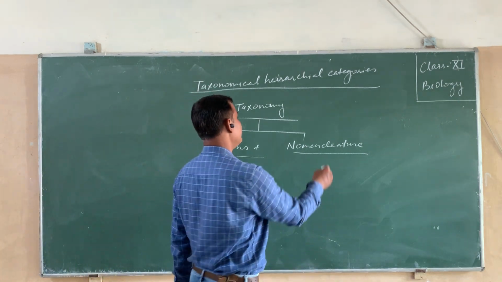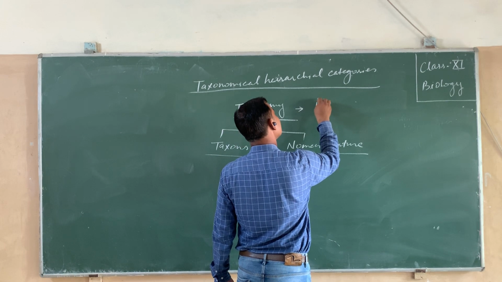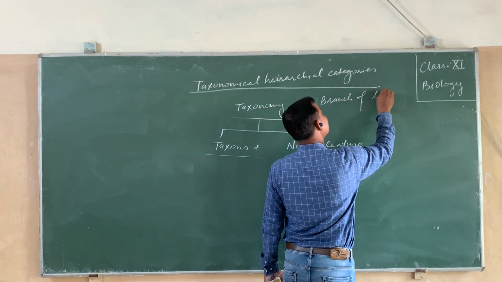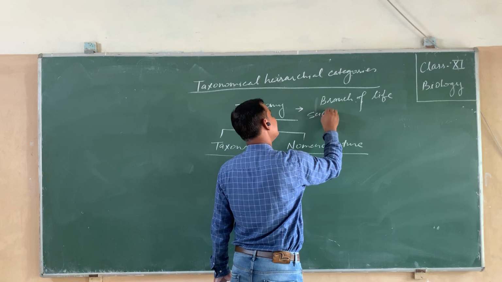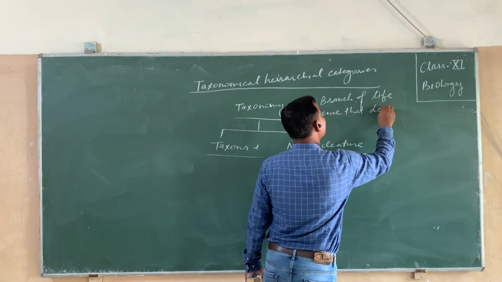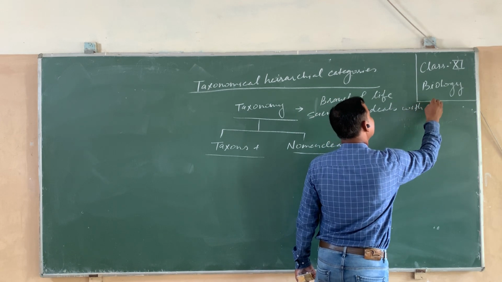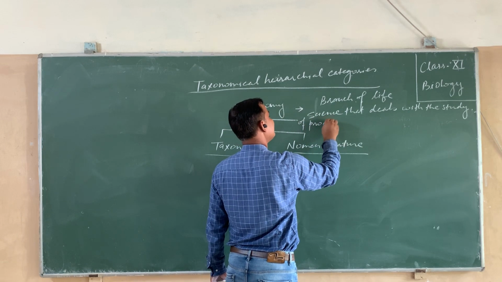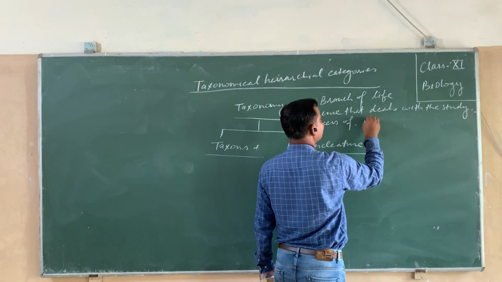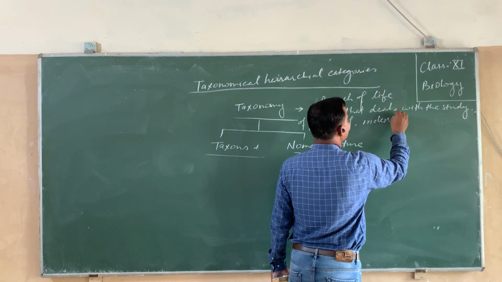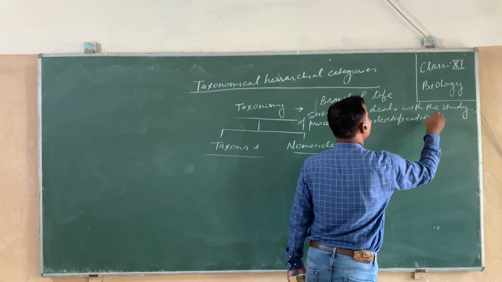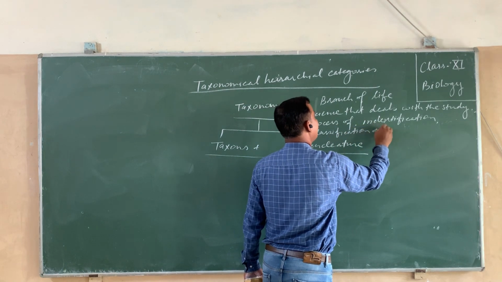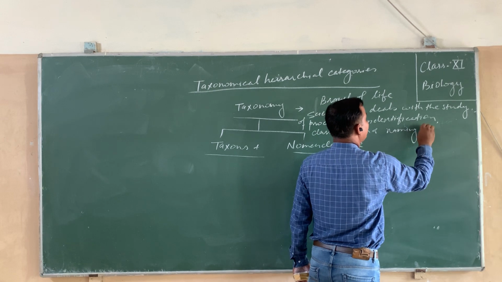If you are going to define taxonomy, then we can write: branch of life science that deals with the study of process of identification, classification, and naming of organism.